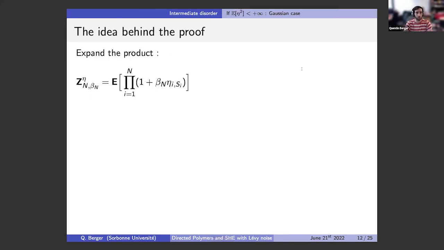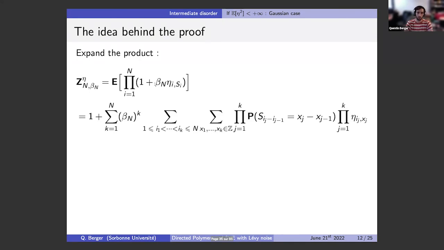Okay, so let me give a very quick idea of the proof. I won't spend too much time. Here's the expression of the partition function. You can expand the product into 1 plus beta, and you get a big expansion. And here you recognize exactly the same expansion as I did in the continuum, but in the discrete world.